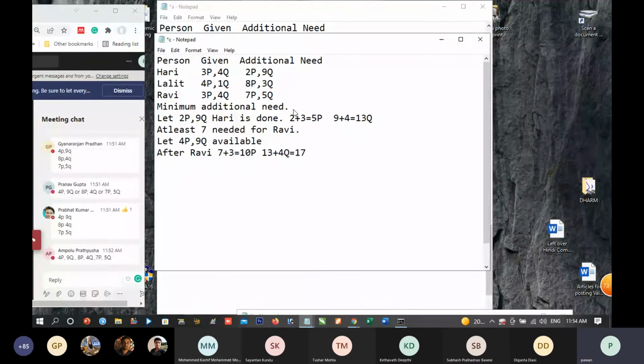Now Lalit can be done. Is it correct? Any doubt?